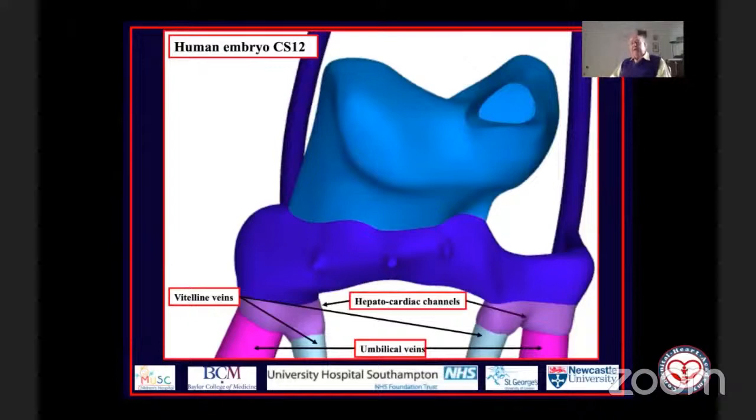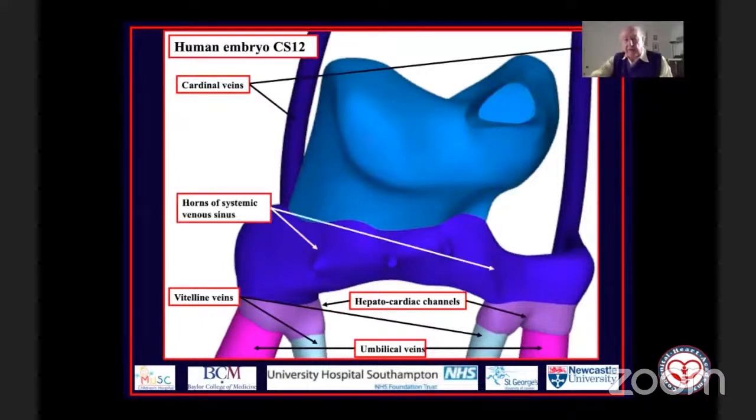They come together and join what we call the hepatocardiac channels. Then also at this stage, bringing back the blood from the embryo itself, we have the cardinal veins. And they come together and drain through the horns, what we're going to call the systemic venous sinus, and they drain into the body of the atrium.